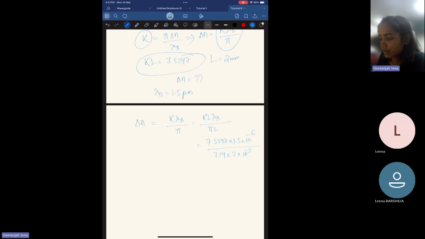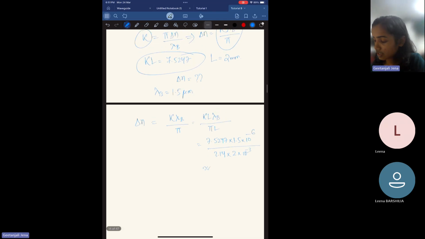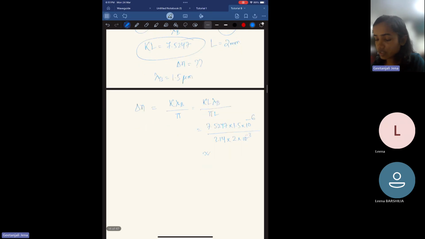So let me see. This will come around the millimeter range, and it is 1.7973 millimeter.